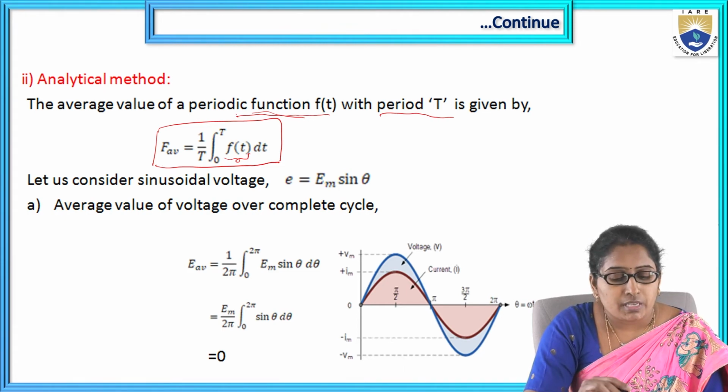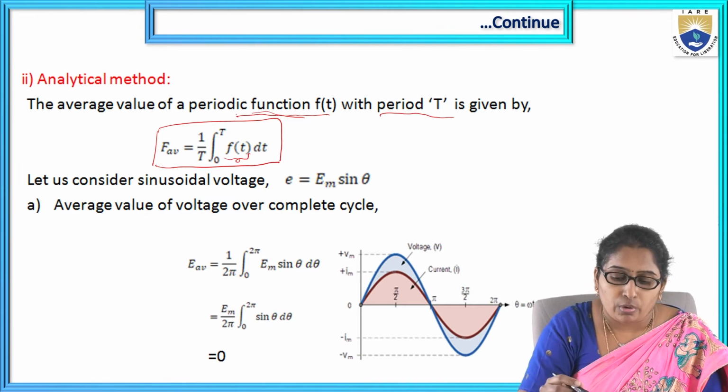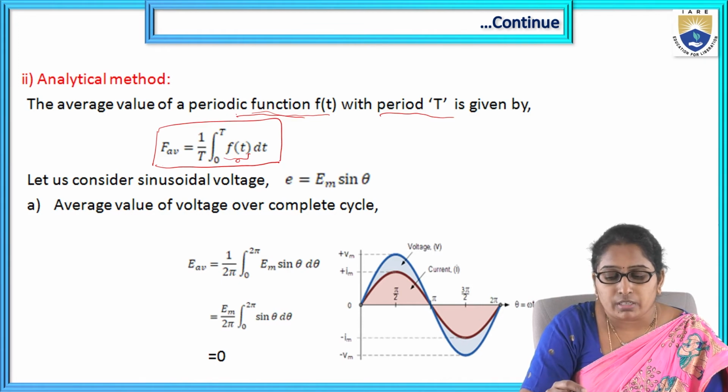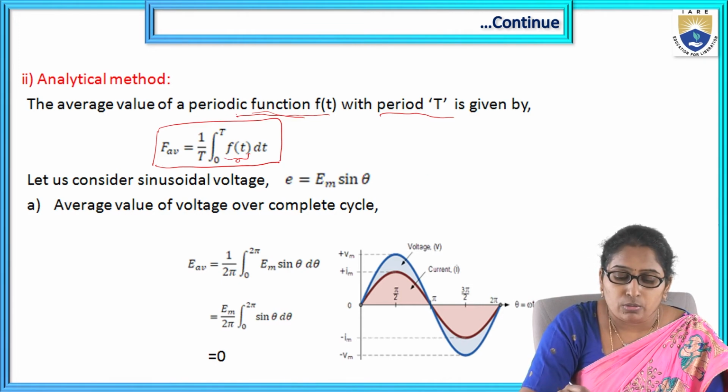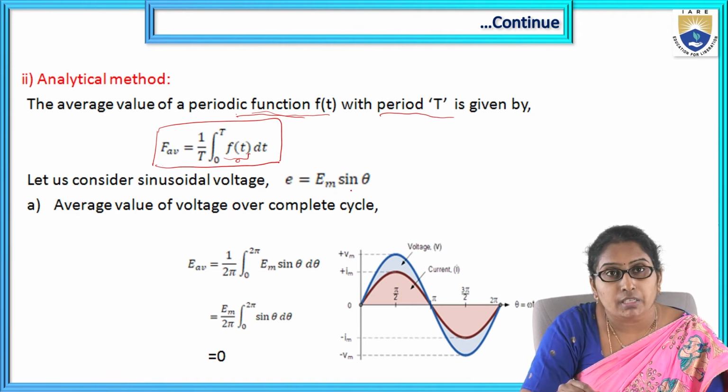Let's do it for a sinusoidal voltage. Previously you know that small e is equal to the maximum value multiplied with sine theta.